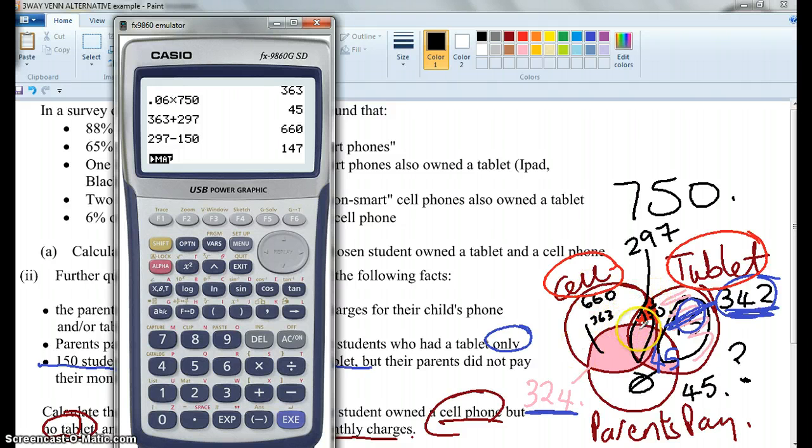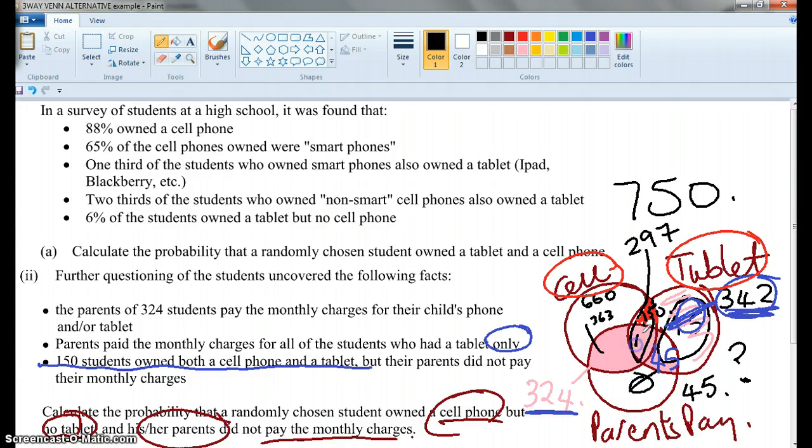So the 147 and the 150 add to the 297. So here we've got a cell and a tablet, and the parents did not pay, so we've got 147 there.